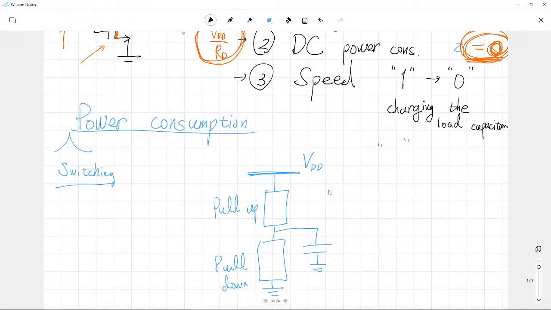Simply speaking, the pull-down circuit provides the electrical connection between ground and our output voltage, so it tries to pull down the voltage. And the pull-up circuit has a good conduction connection to our VDD, and it tries to increase the voltage, so that is called the pull-up circuit.